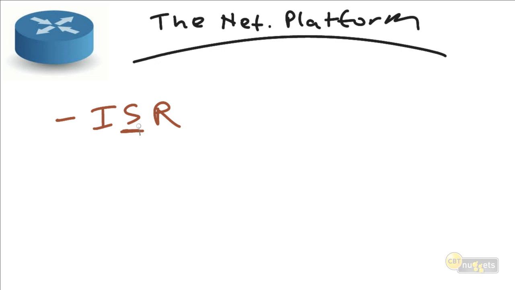Sure, security services. Let me just off the top of my head, honestly, I didn't plan on doing this. I really didn't in this nugget. Just off the top of my head, I'm going to go ahead and list some of the security features that we're going to find integrated into one of these integrated service routers.